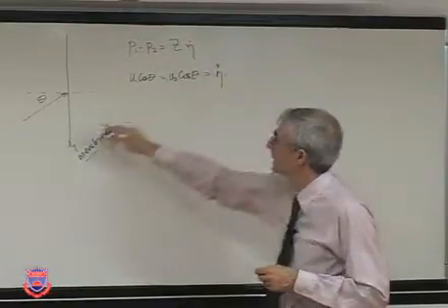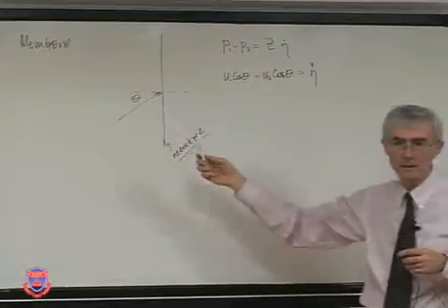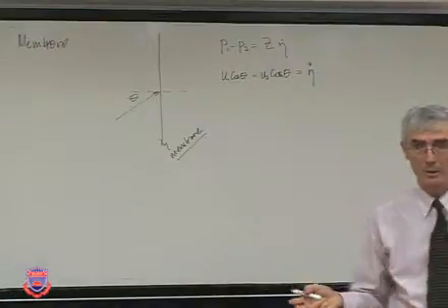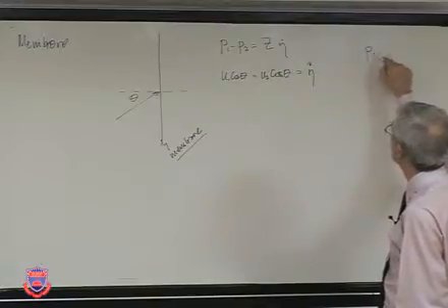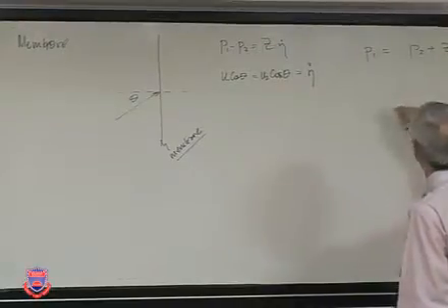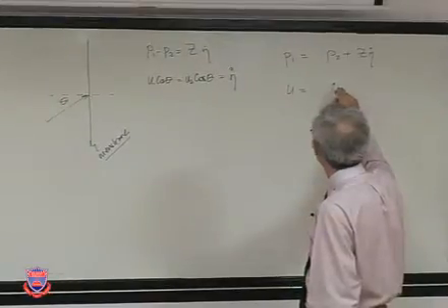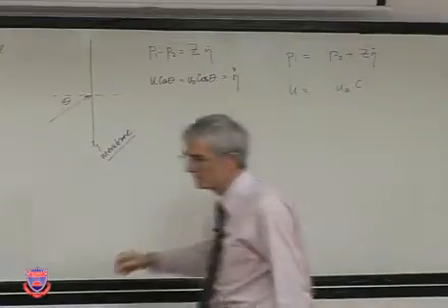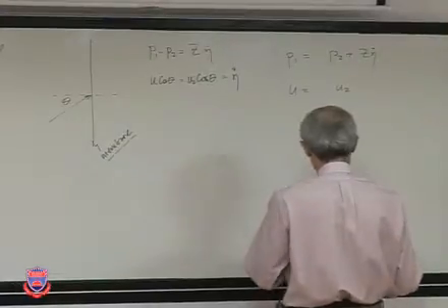For continuity, the plate or the membrane velocity must be equal to the normal velocity of the particle on both sides. That's essentially it. So what you have here is P1 is equal to P2 plus eta, and U1 cosine theta is equal to U2 cosine theta. Thetas go out, and that's equal to zeta n.